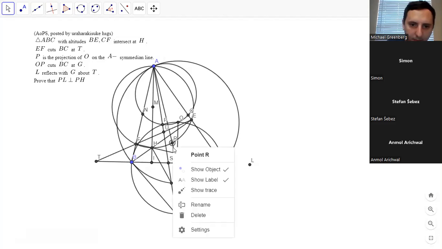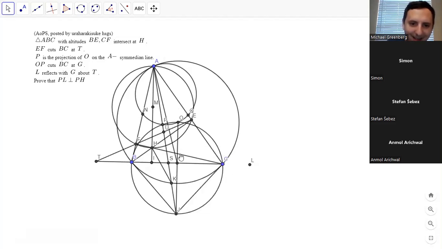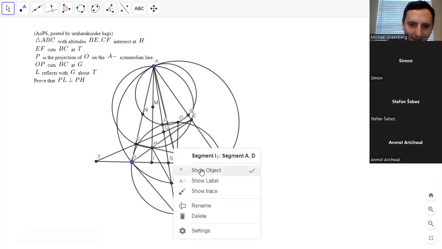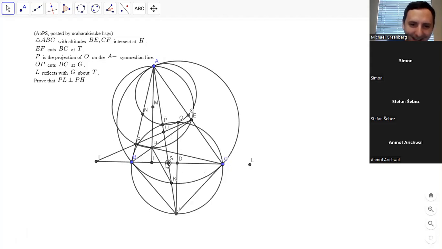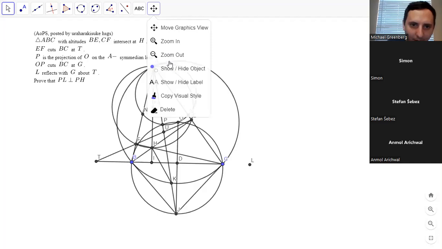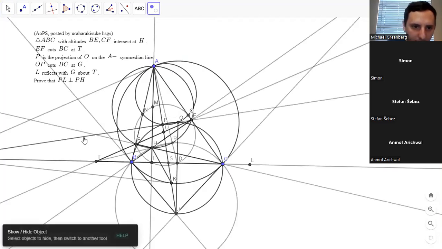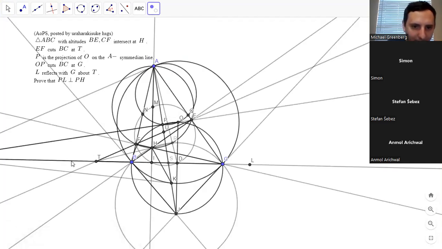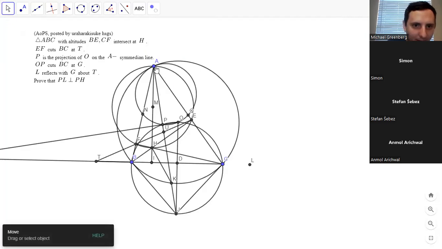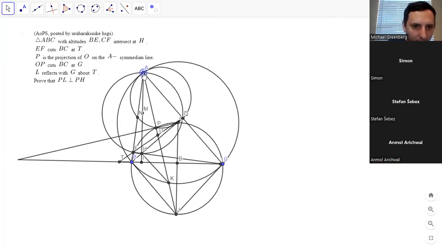Yeah. Point S, we don't need anything. All right. So I will unhide also point D, and point D we don't need. All right.